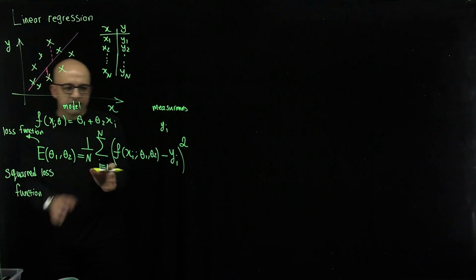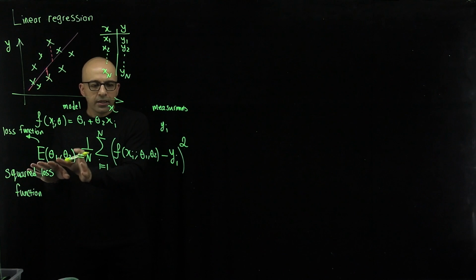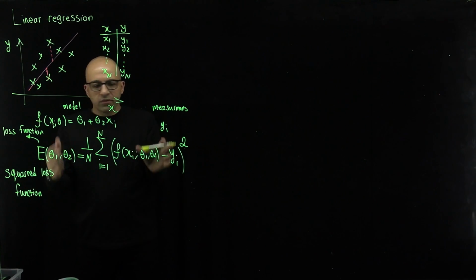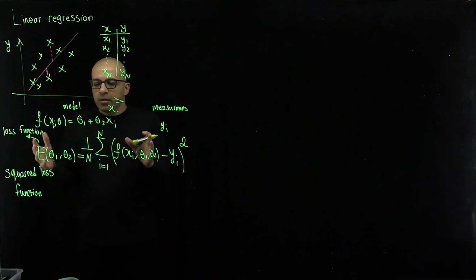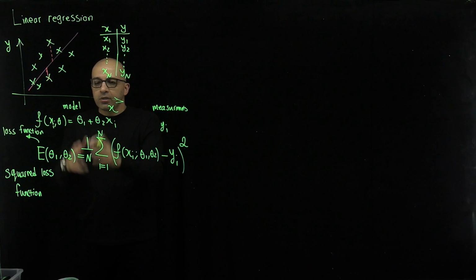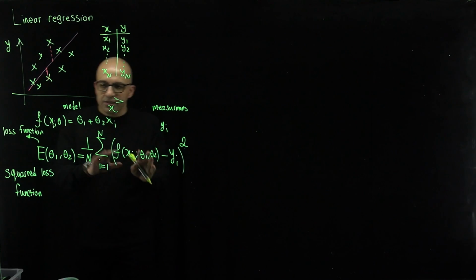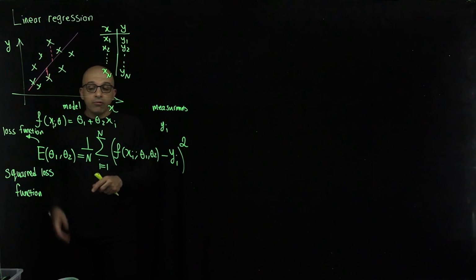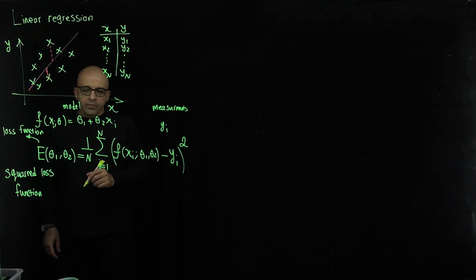And let me just emphasize here, this is not the only way to formulate the loss function. In fact, you can come up with your own loss function, and that can have profound impacts on the type of model that we are training. So this is just really the simplest choice of formulating a loss function.